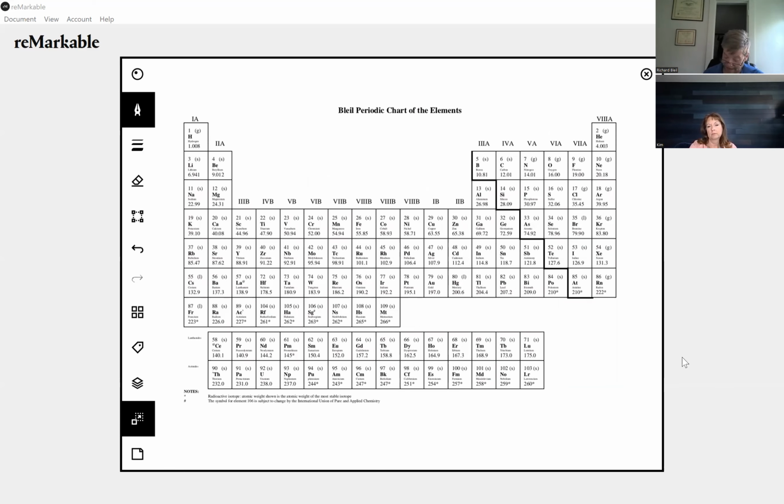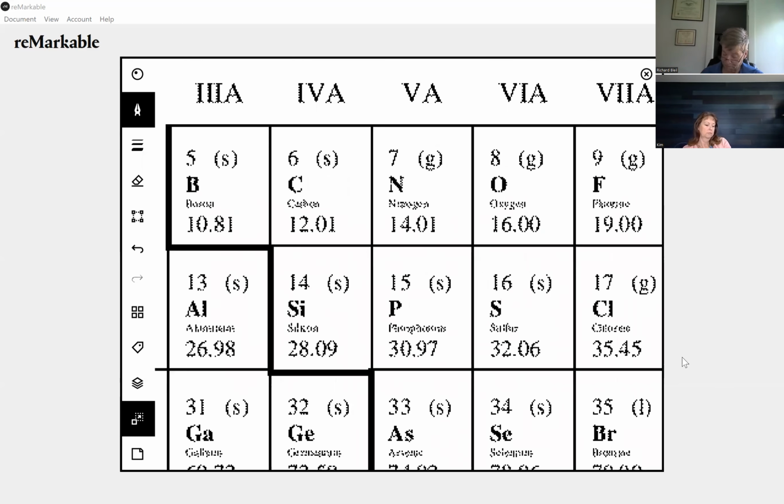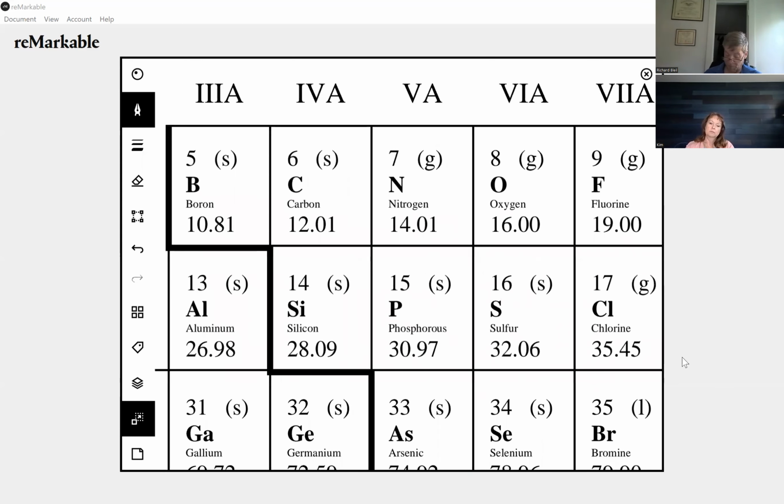So if we look at, say, the top row, boron, carbon, nitrogen, oxygen, well, if you look here, it's silicon. You'll see silicon is slightly over 28.09, so over 28.